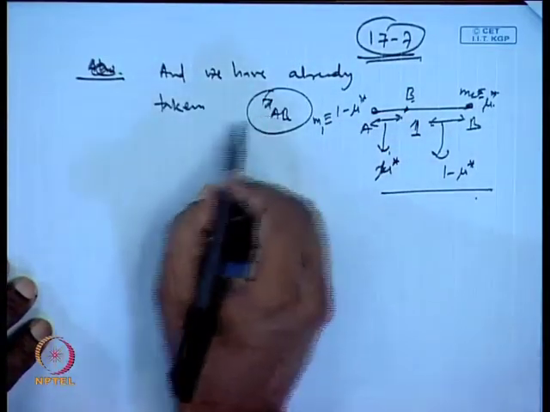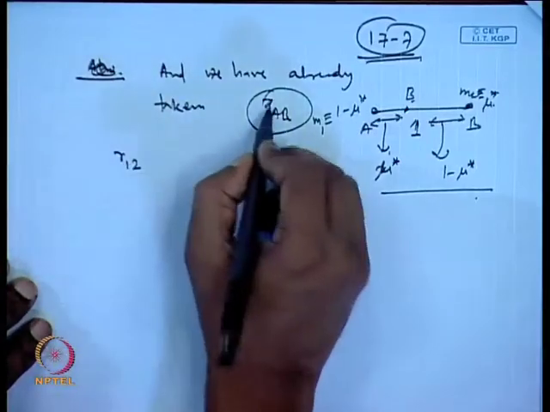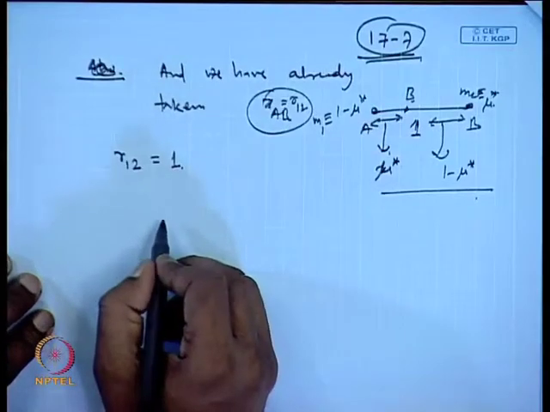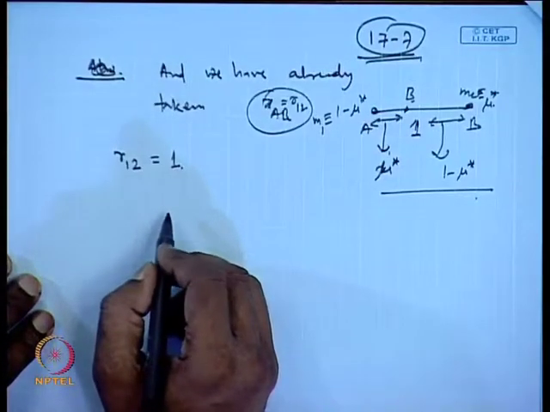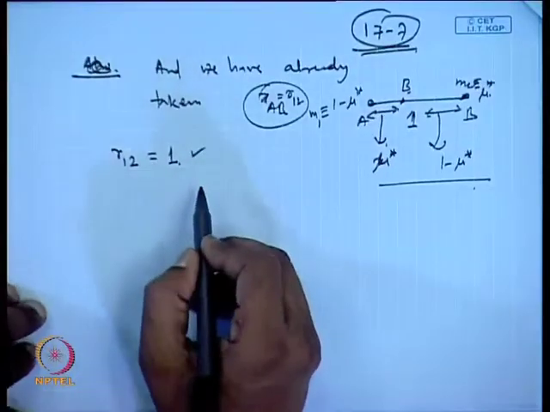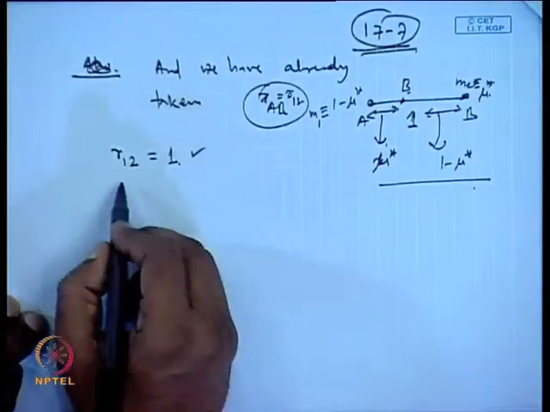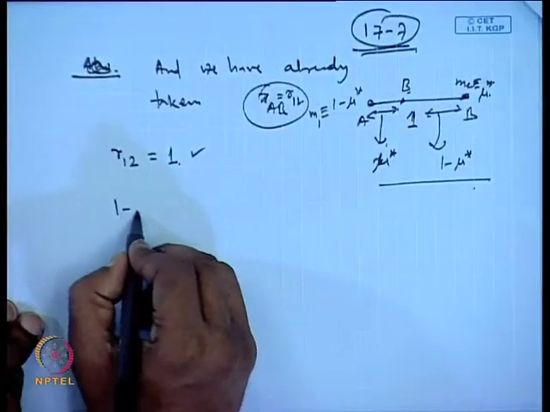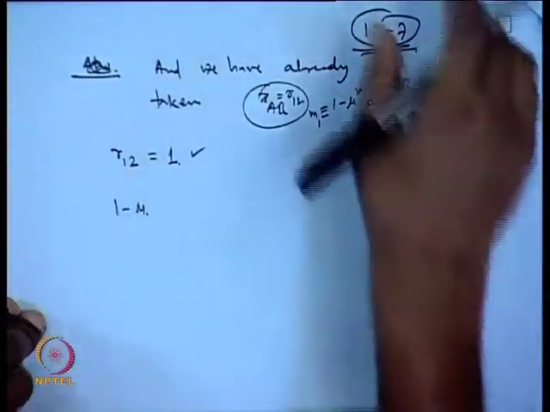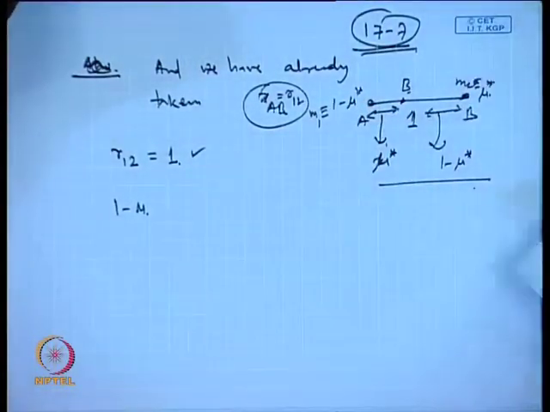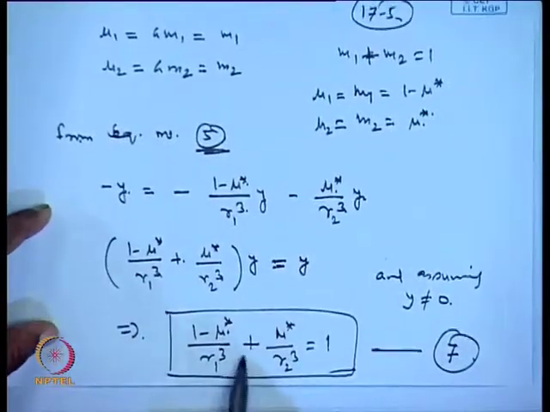So already our distance r12 or x_AB we can write as r12. So r12 equal to 1. This we have already written. So from equation number 7, this is our equation number 7.